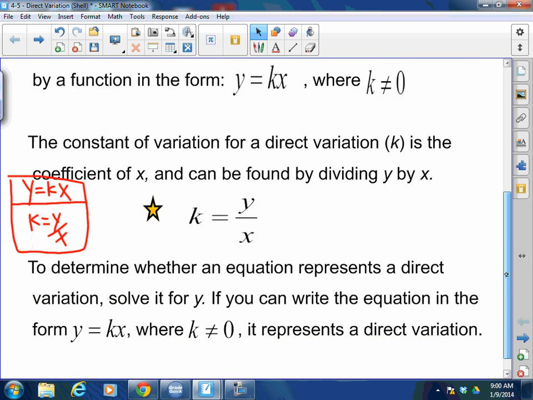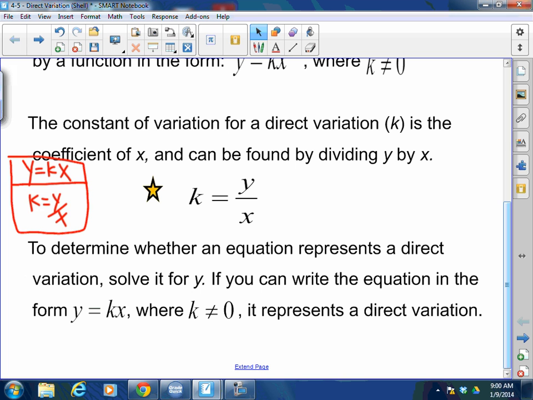To determine whether an equation represents a direct variation, solve it for y. If you can write the equation in the form y equals kx, where k is not equal to 0, it represents a direct variation. Nothing can be added to x or y, and nothing can be subtracted from x or y for it to be a direct variation.